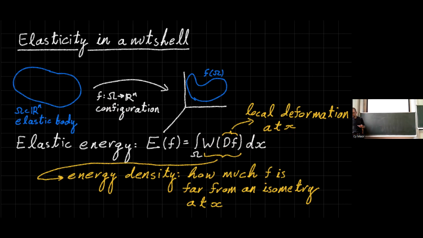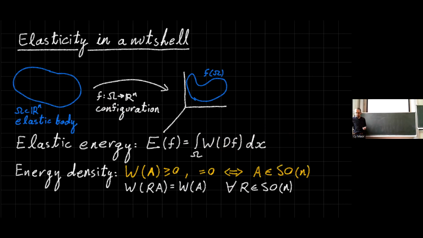If I want to measure how far f is from being an isometry, then my basic assumption would be that the energy density is non-negative and is zero if and only if df is actually a rotation. So at each point it roughly measures my distance from rotations. Another typical physical assumption would be frame indifference, that a global rotation doesn't change the energy.